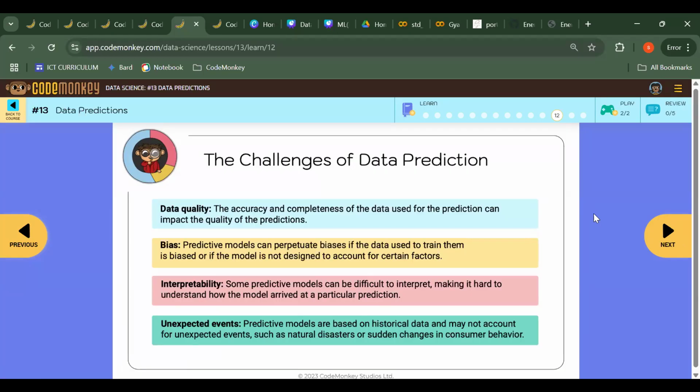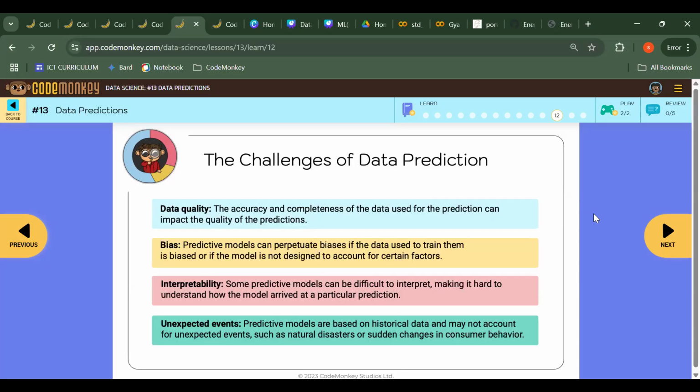If you want to guess if it will rain tomorrow and your weather app only tells you about the sun, you won't have good information to make a guess about rain, because you only have information about the sun. That is data quality, and it is really a challenge for data prediction.